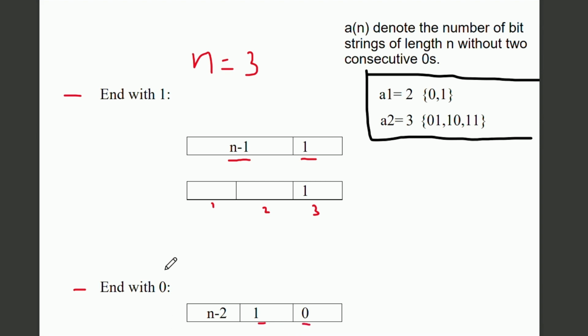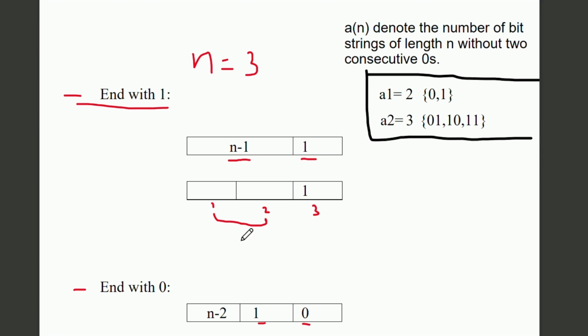Okay, now we go back to the first condition, ending with a 1. We already know the last bit is 1, so we just need to identify the first two bits here. We have to know how many possible outcomes there are without two consecutive 0s.